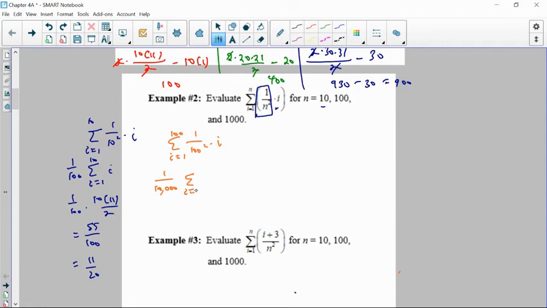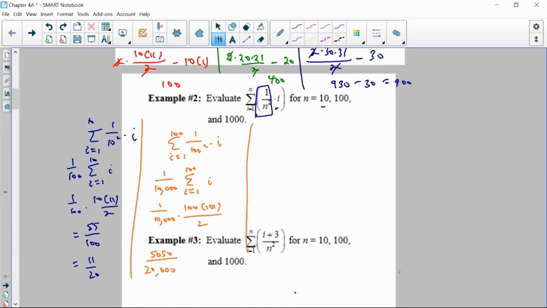The sum from i equals 1 to 100 of i, and then that would be 1 over 10,000 times 100 times 101 all over 2. And remember, that was 5,050 divided by 20,000. And again, you could certainly reduce that, simplify it.